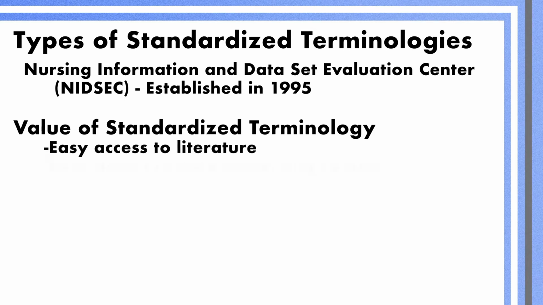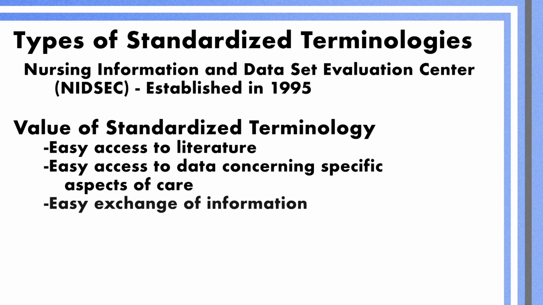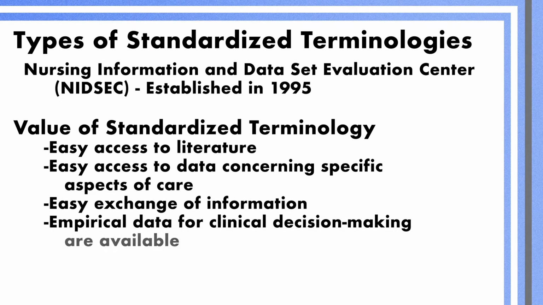Standard terminology also makes it easy to access data concerning specific aspects of care, such as central line care. Standard terminology, especially when used in various systems, contributes to ease of exchanging information between providers, hospitals, pharmacies, and so on. Finally, standard terminology also allows for empirical data and clinical decision making to be readily available.